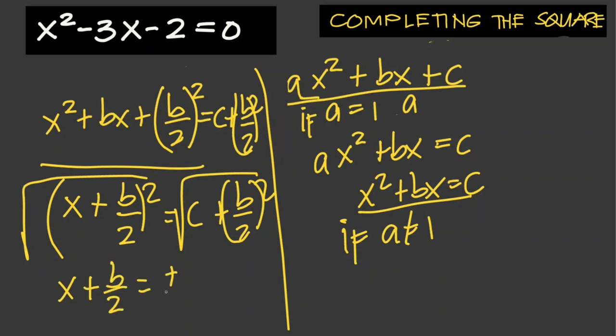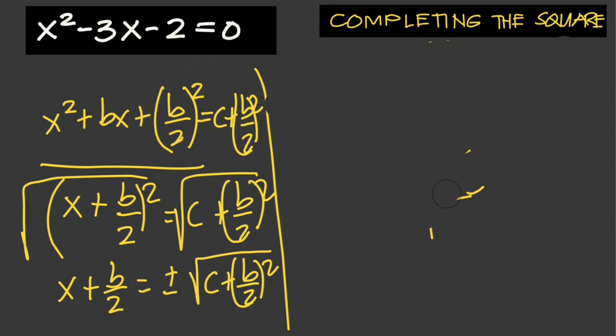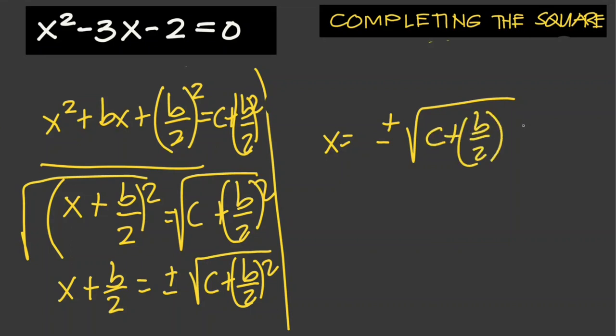So this is just equal to the square root of c plus b over 2 squared, or you can simply write that as x equals plus or minus the square root of c plus b over 2 squared, minus b over 2.